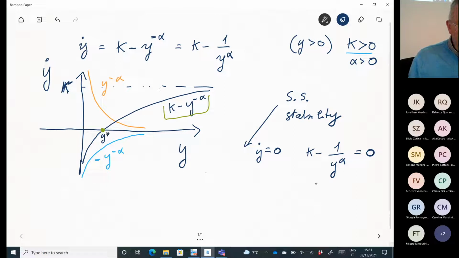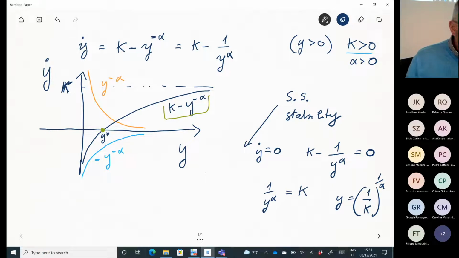And we can determine the y star also analytically, because 1 over y star to the power of alpha is equal to k. So y star is equal to 1 over k to the power of 1 over alpha, okay? So remember that these types of simple equations involving the power of the variable, often a negative power of the variable, are very common in economics, growth theory.